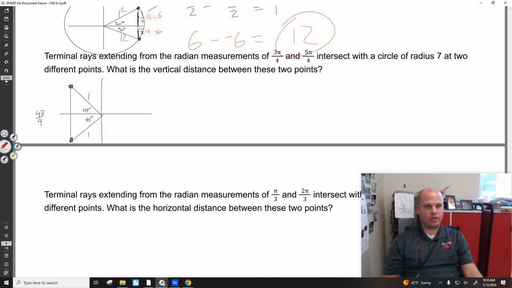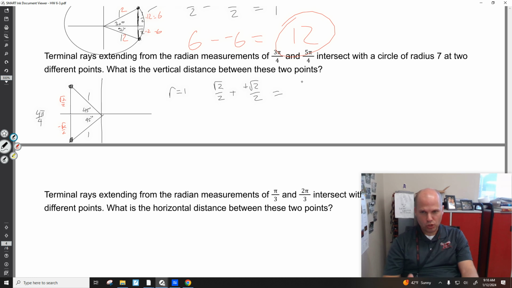Well, let's start with the radius of 1. We know this side length is root 2 over 2, and this side length is negative root 2 over 2. We're going to do this distance minus this negative distance, or make all the distances positive and add them together. So for radius 1, we have root 2 over 2 minus negative root 2 over 2. That's plus a positive. What is this?